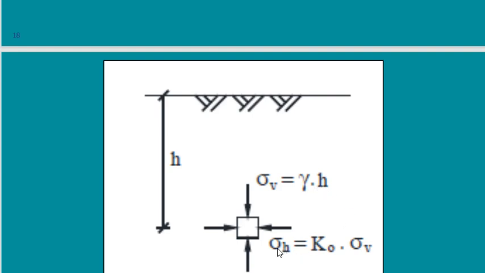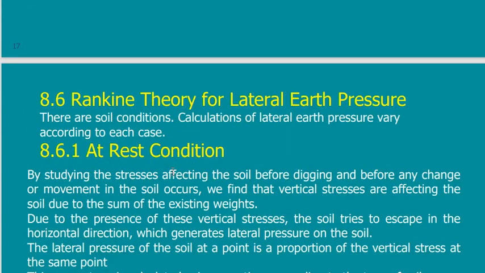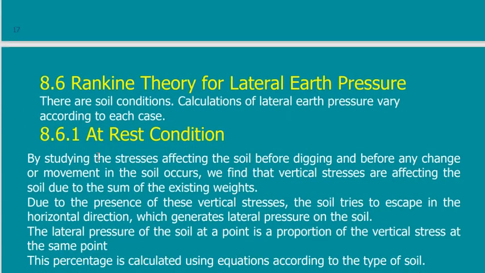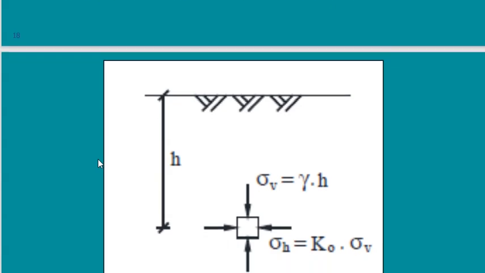How to calculate this horizontal stress? It is the vertical stress, sigma V, multiplied by a factor. This factor is called K naught. Why do I call it K naught? Because we call it the at rest condition. What do I mean by at rest condition? At rest condition means that this block is not moving to the right, not moving to the left.